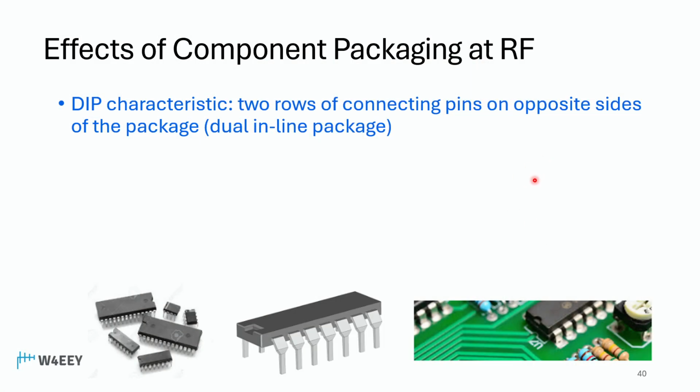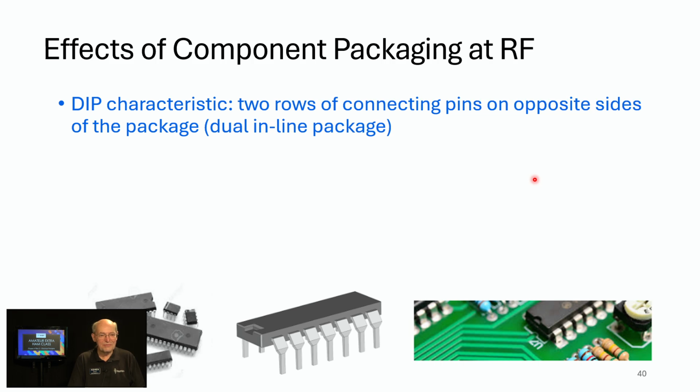All right, so what happens when we introduce radio frequencies, especially higher radio frequencies, into the equation for physical construction of equipment? First, we're going to talk about dual inline package construction. That would be this component here.